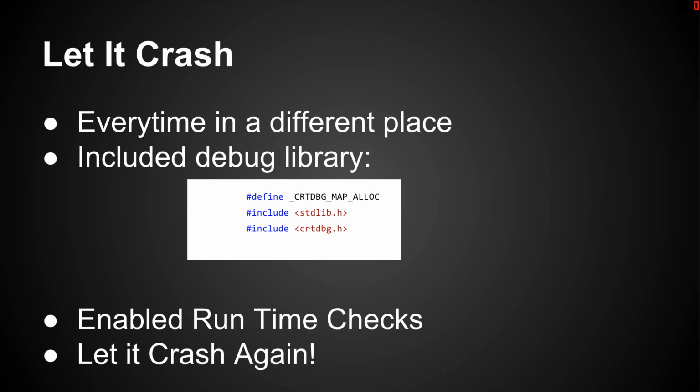Specifically, I want to use this library because it has debug versions of malloc and free, which are able to track the allocation and deallocation of memory. I also enable runtime checks, and I let the crash happen again.